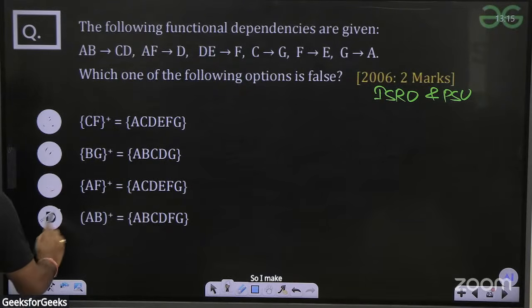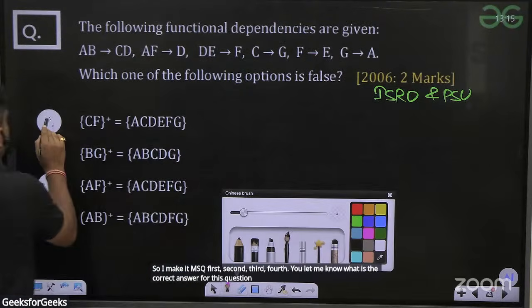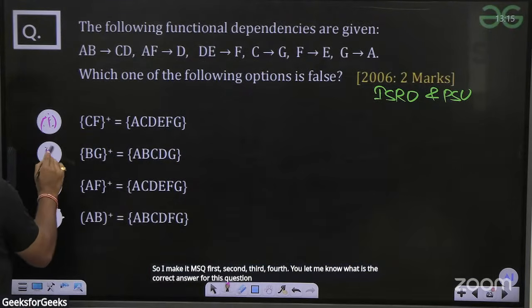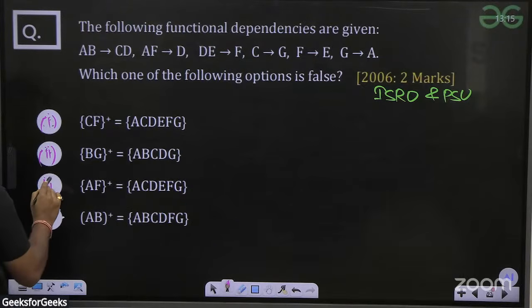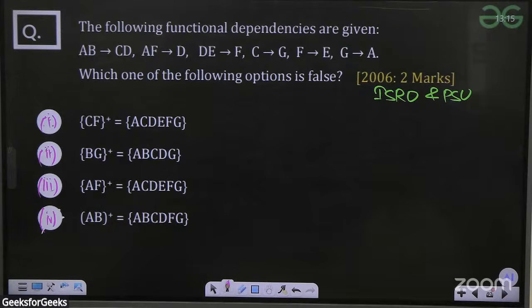You let me know what is the correct answer for this question. Clear?